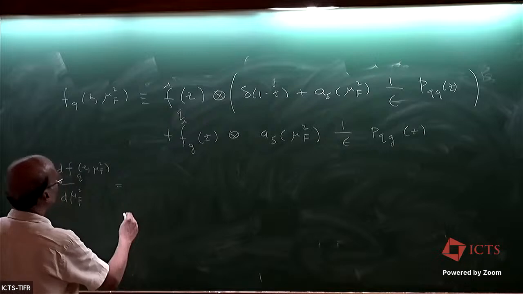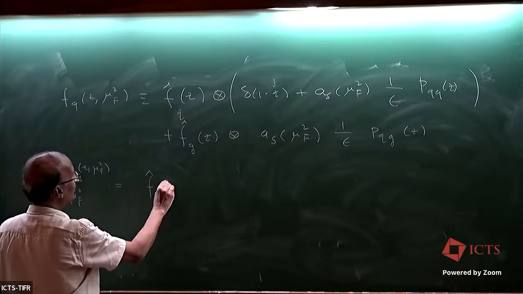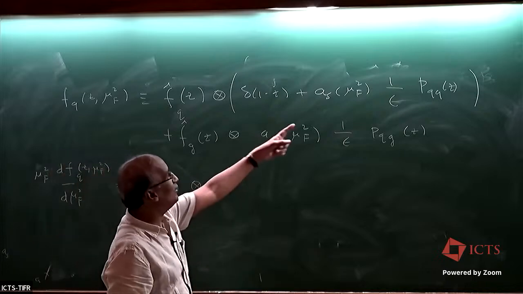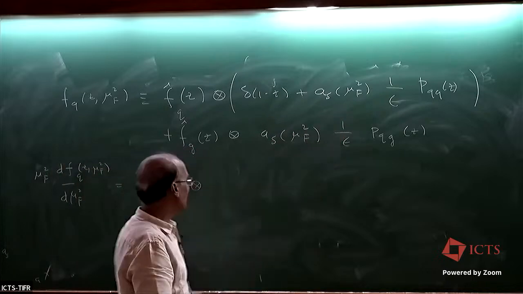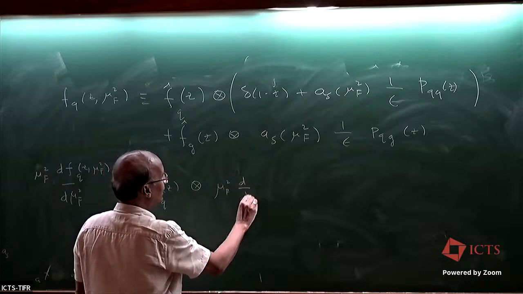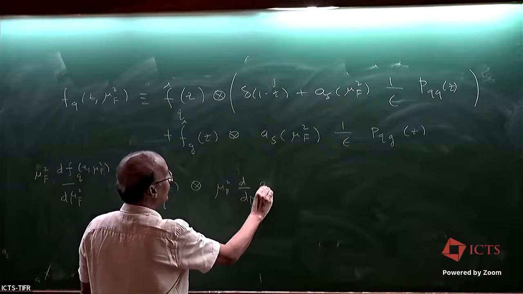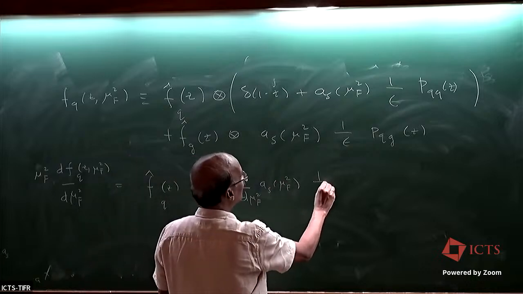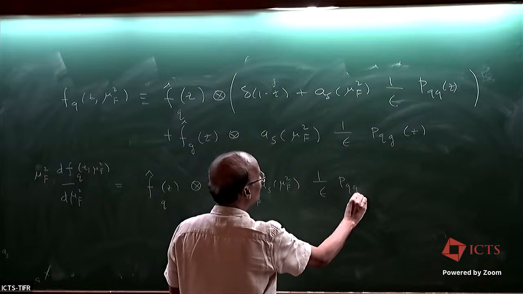If I do this, then I get f hat of zq multiplied by, so it only acts on this part, mu f square d by d mu f square as of mu f square, times 1 by epsilon times PQQ of z.